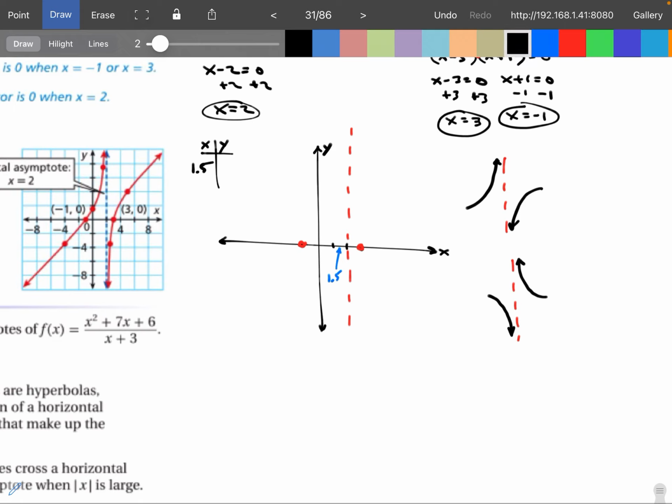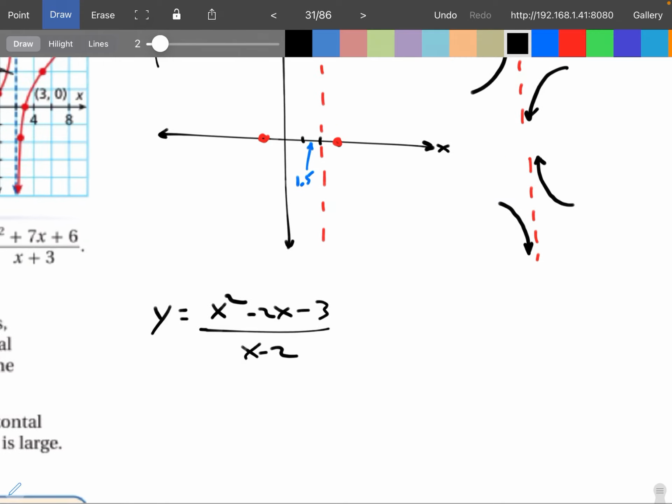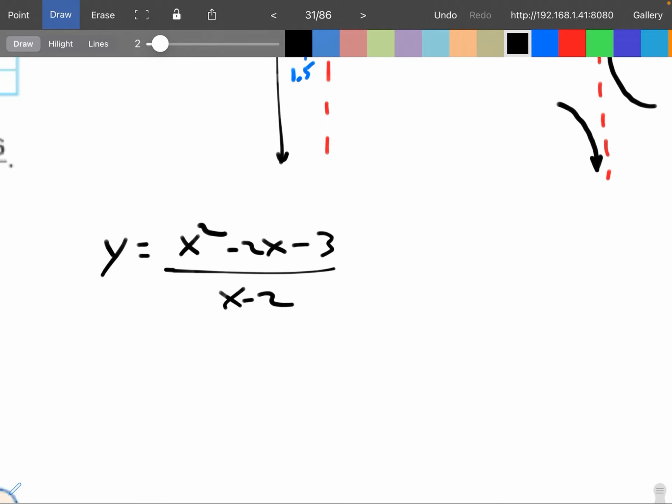So let me write it down again so you guys can see it. What was it again? It was y equals x squared minus 2x minus 3 over... Gotcha. Thank you. So basically, we've got to plug 1.5 in for all those x values.